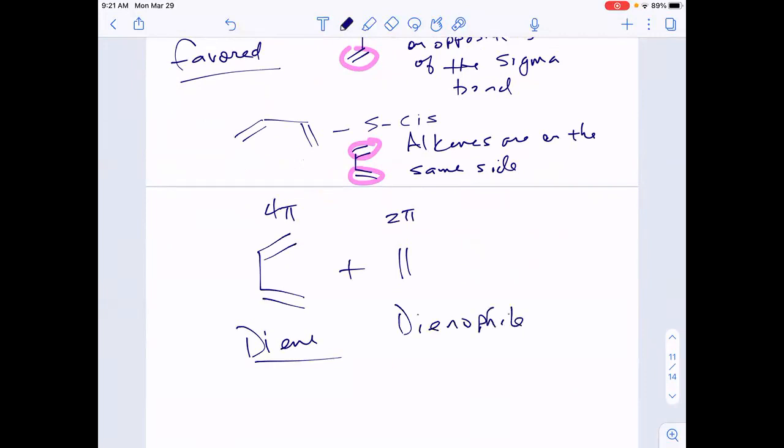Anytime you see that suffix, phile, that means something. It comes from one of the Greek words for love, philos. So when you see that suffix, you know this is a lover of something. Like an electrophile is a lover of electrons, a nucleophile is a lover of nuclei, and a dienophile is a lover of dienes.